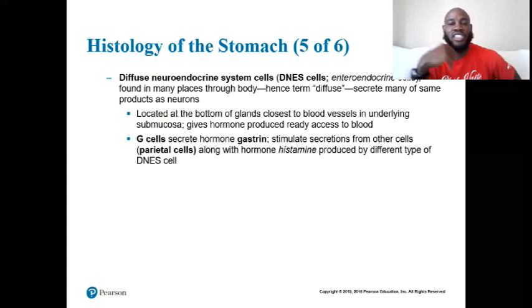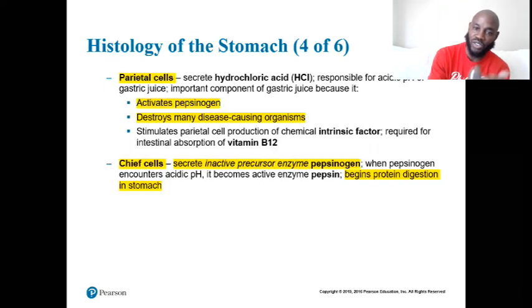Gastrin stimulates secretion from other cells, like the parietal cells, along with the hormone histamine produced by a different type of DNES cell, right? So it stimulates the parietal cells. Remember, those parietal cells secrete hydrochloric acid, which helps the pepsinogen secreted by the chief cells convert to pepsin, which helps with your protein digestion.